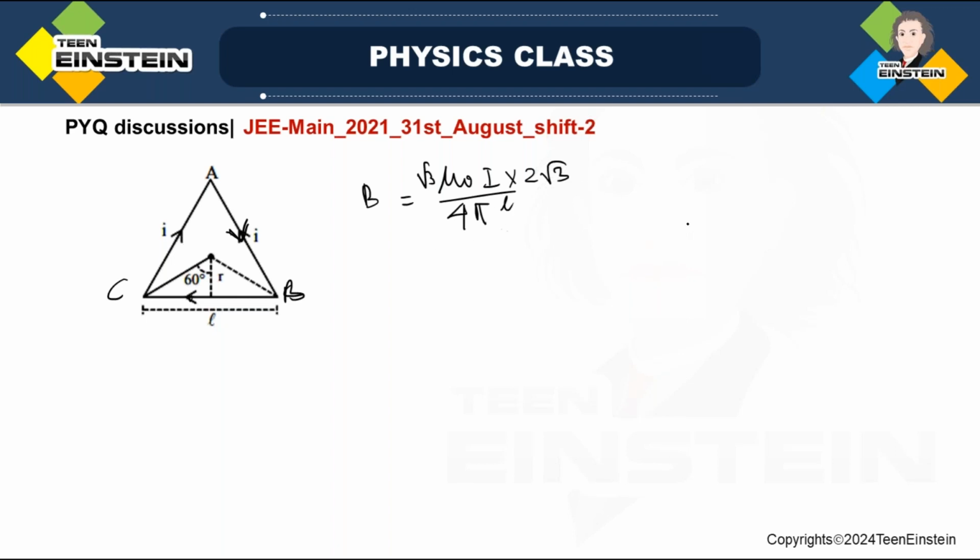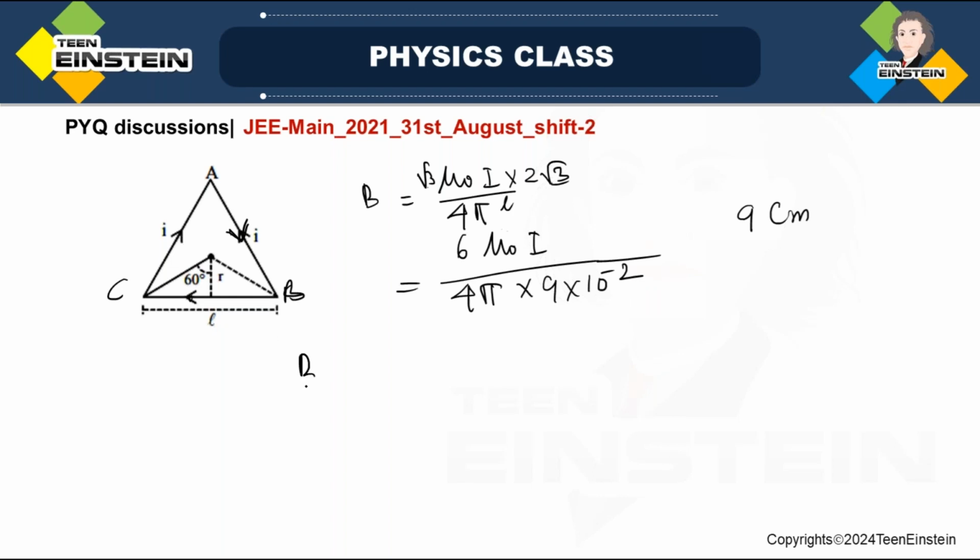Now see, this L is how much? 9 centimeter. So this root 3 will make it 3 here. 6 into mu0 I by 4 pi into 9 into 10 to the power -2 meter.